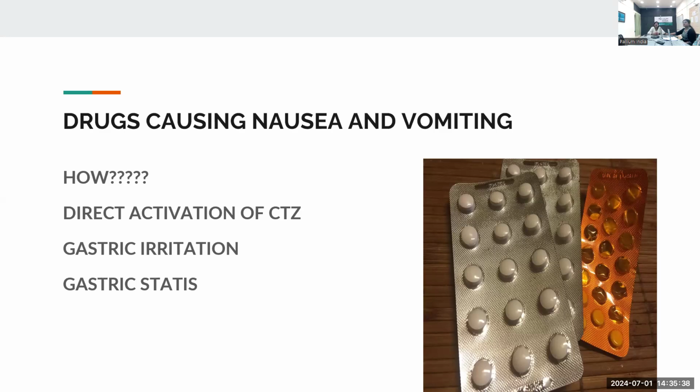Morphine, tramadol, fentanyl, anything can cause this. There is a direct activation of the CTZ cell. Now again, drugs causing gastric irritation, NSAIDs like diclofenac, like ibuprofen. All these can cause gastric irritation and cause vomiting. Drugs causing gastric stasis can also cause vomiting.